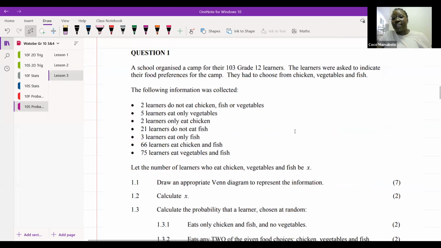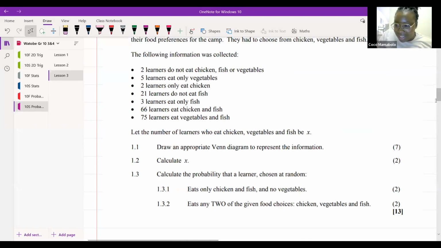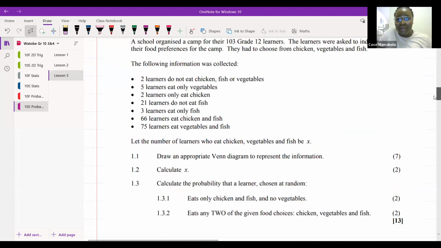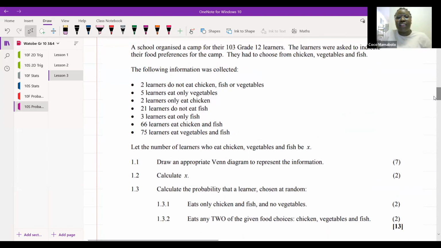Are we ready for another example? This time I haven't given you guys the Venn diagram. You need to put the Venn diagram together yourselves. Okay, let's read the information we've been given, peeps. It says here, a school organized a camp for their 103 grade 12 learners. The learners were asked to indicate their food preferences for the camp. They had to choose from chicken, vegetables, and fish.